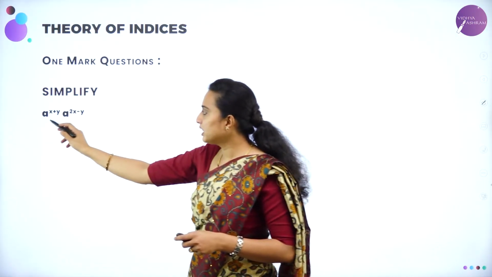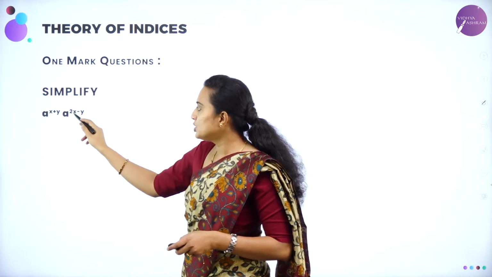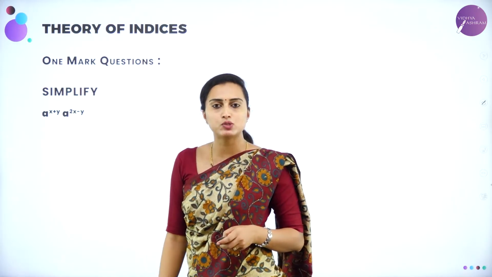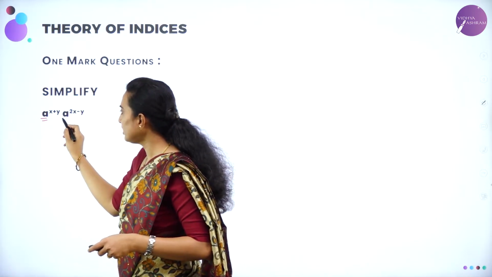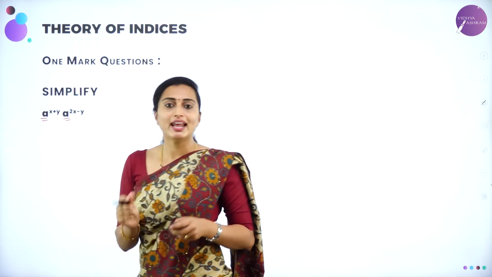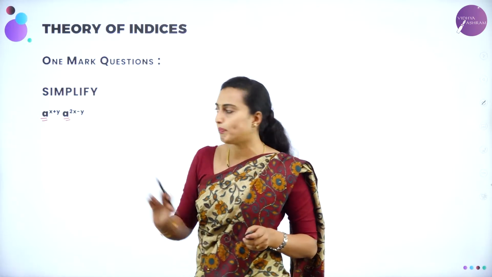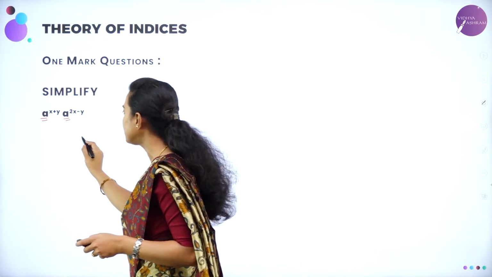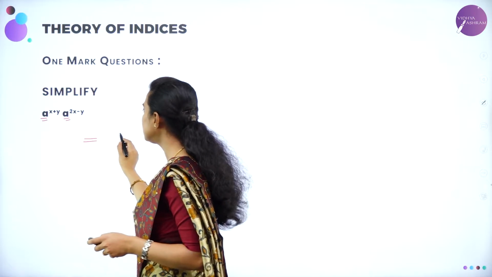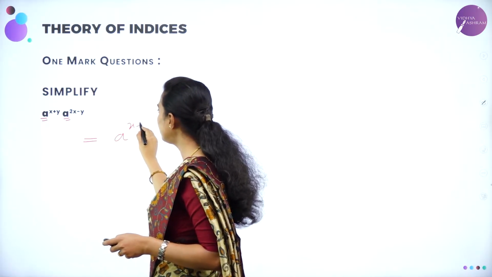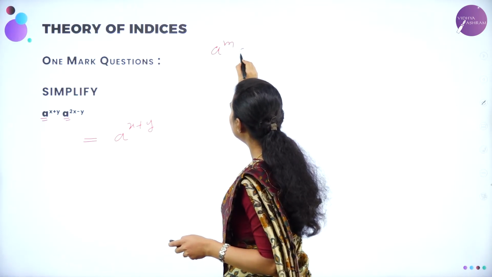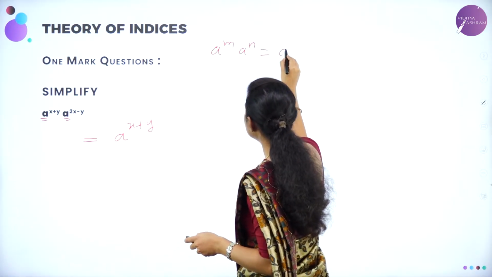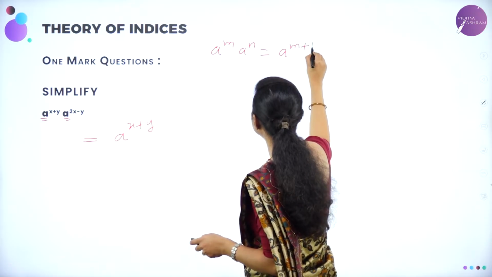Simplify a to the power of x plus y into a to the power of 2x minus y. Suppose you are having it like this, see, the bases are same. If the bases are same, I can add the powers, isn't it? So by adding the powers, let us check what happens. a power m into a power n can be written as a power m plus n.